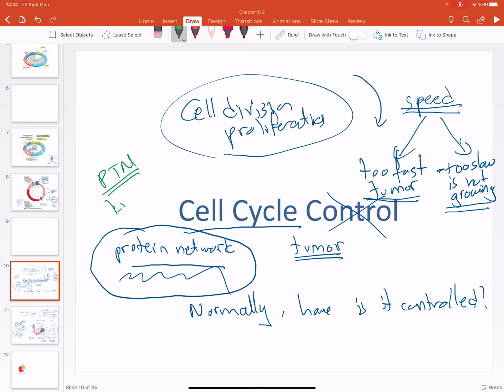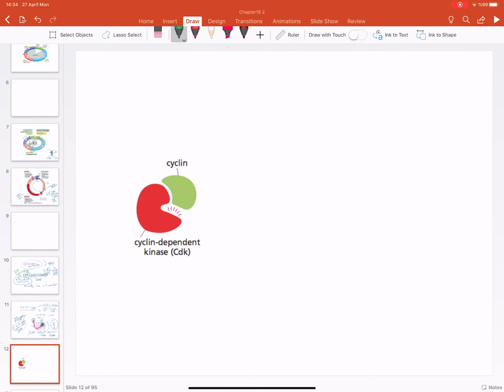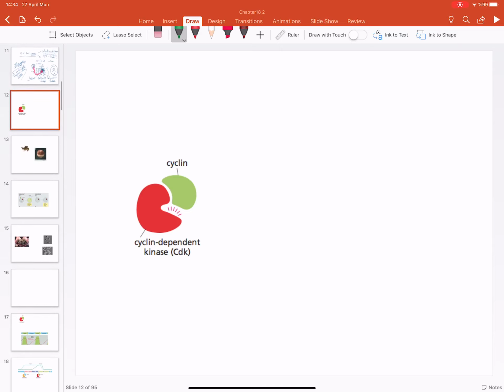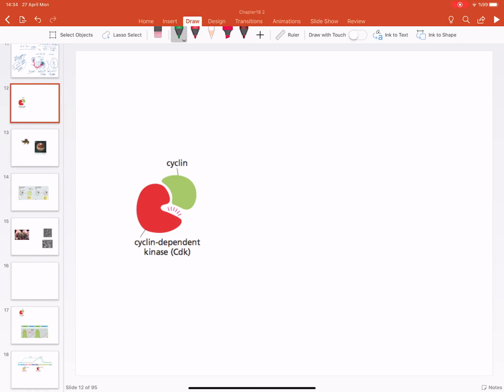And we know that the kinases and phosphatases are very important in this protein network. Kinase is adding the phosphate group, phosphatase is removing the phosphate group, and these two are especially important to control the cell cycle. Okay, the very first thing to control the cell cycle is the cyclin CDK complex.